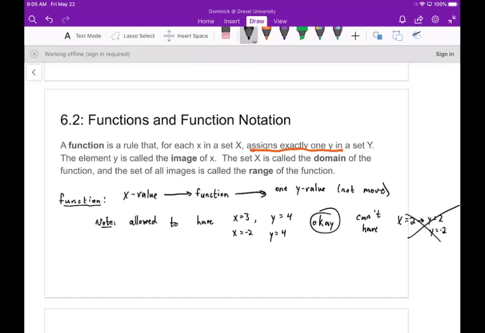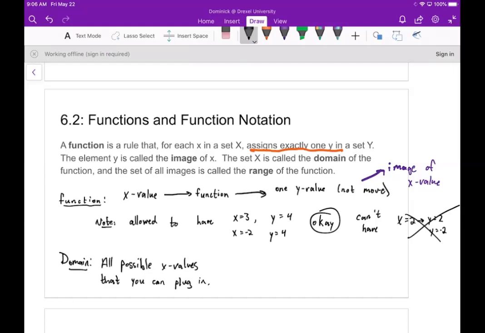Okay, now some other terminology that you could see is that whatever the y value that comes out is sometimes called the image of the x value. And we call the set X the domain, but I usually like to think of the domain as all possible x values that you can plug in. Right.